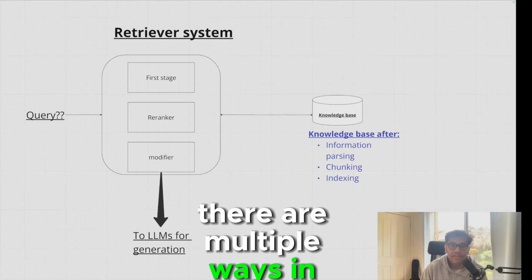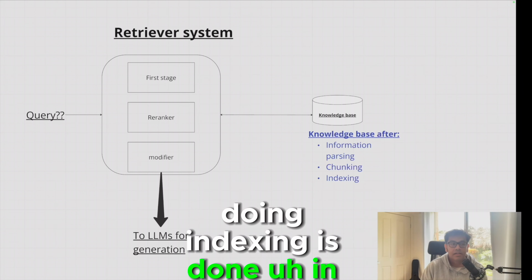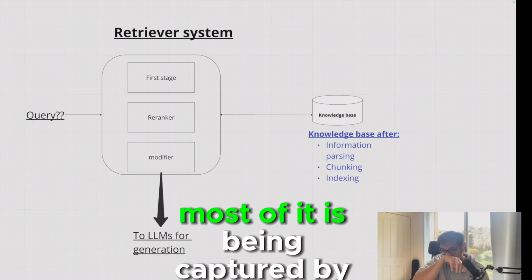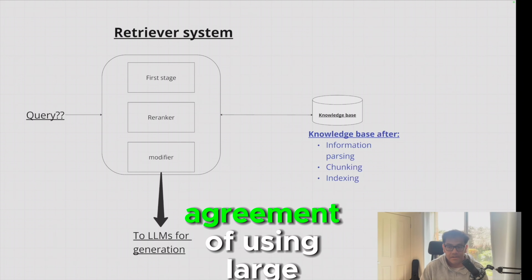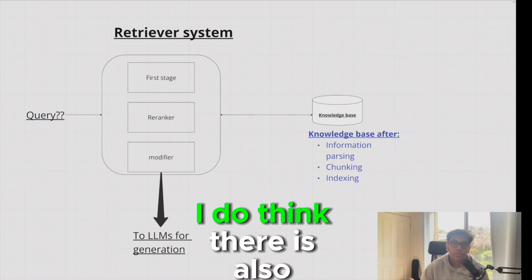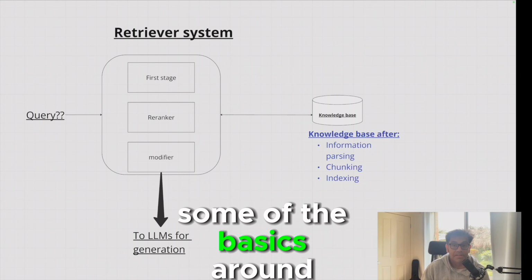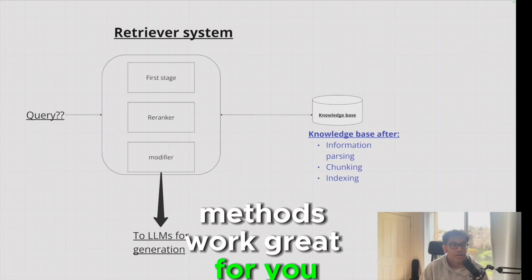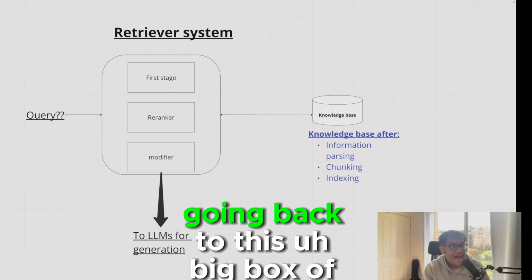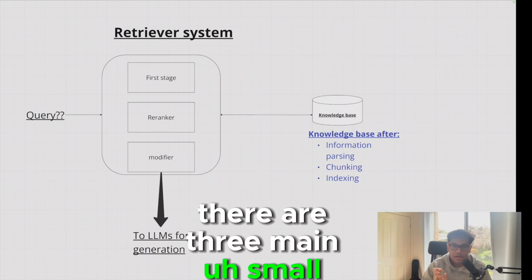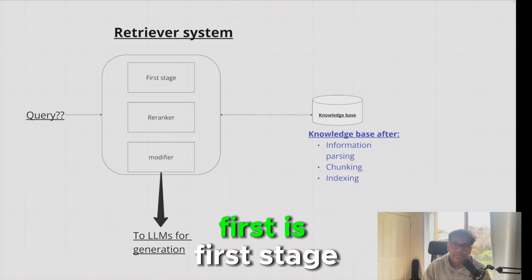There are multiple ways indexing is done in the industry. We have all moved to a stage where most of it is being captured by semantic retrieval or using large language models, but I do think there is still benefit in understanding some of the basics around indexing, because sometimes even the simple indexing methods work great for you. So going back to this big box of the retrieval backend, there are 3 main small blocks in there. First is the first stage.